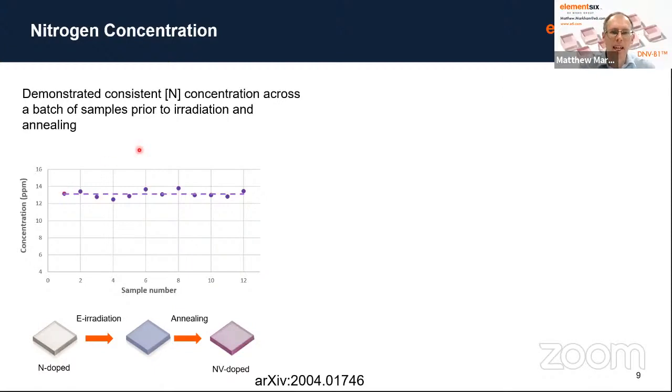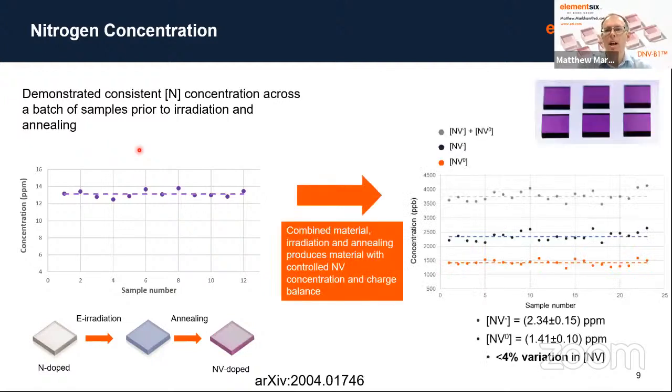Typically in as-grown material, you get a nitrogen concentration of about 300 to 1. So we want to increase that nitrogen concentration and make it more optimized for the applications. By irradiating and annealing, we create about 3.8 ppm of NV in the material, which gives it this nice purple color.